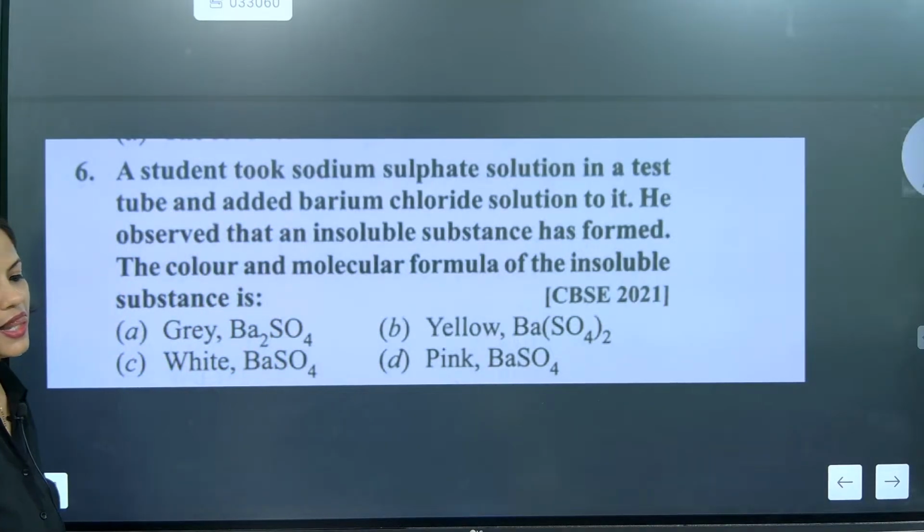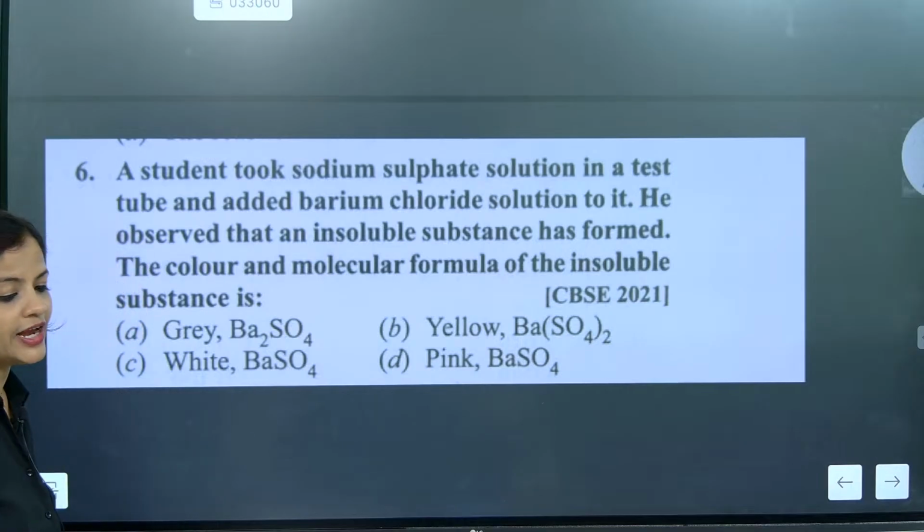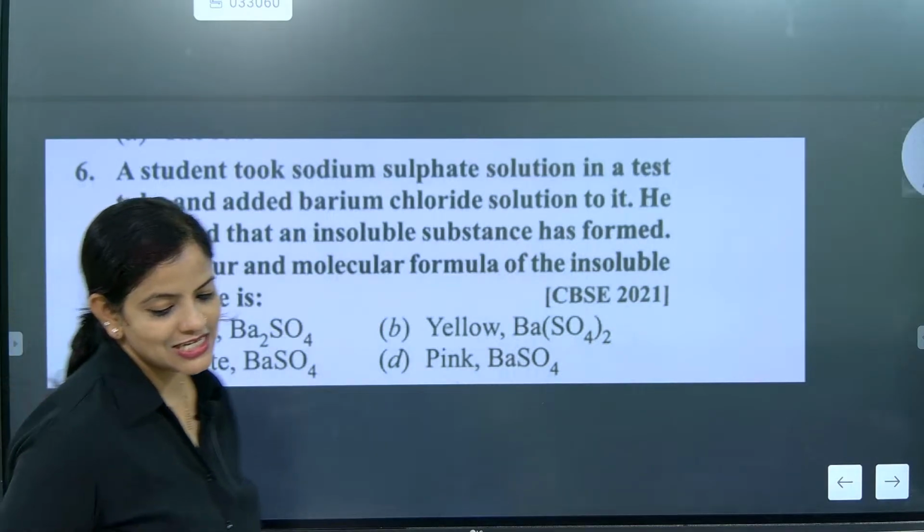What is the answer? A student says barium sulfate, white PPT.